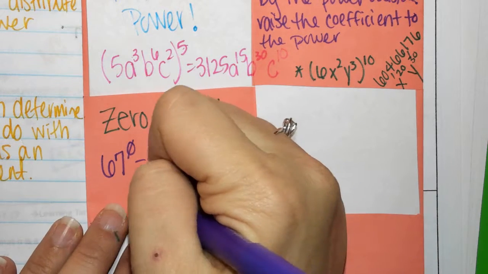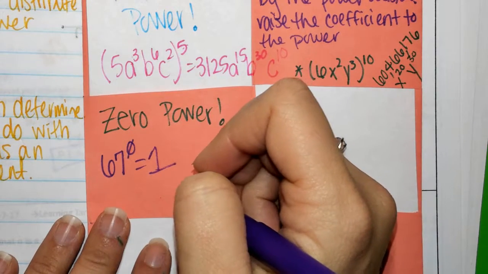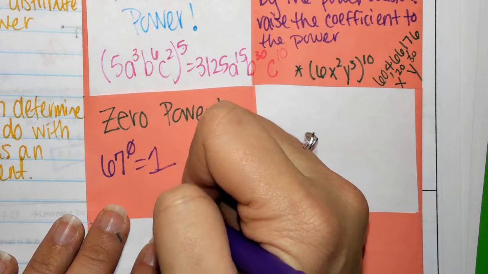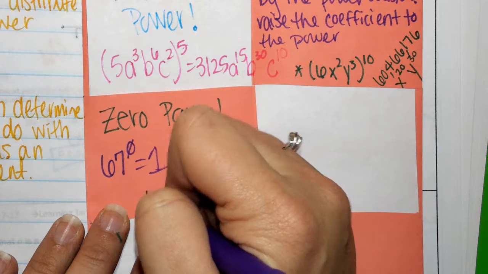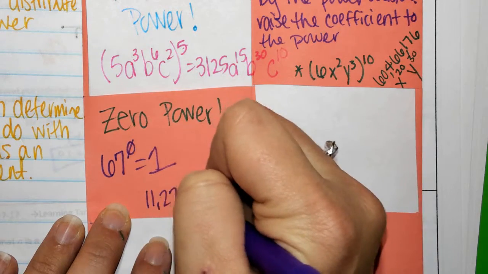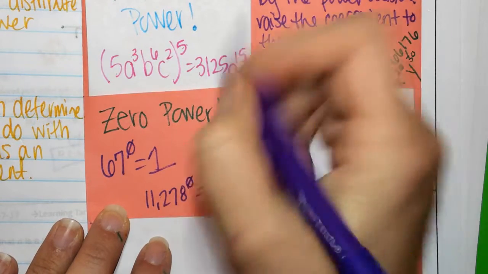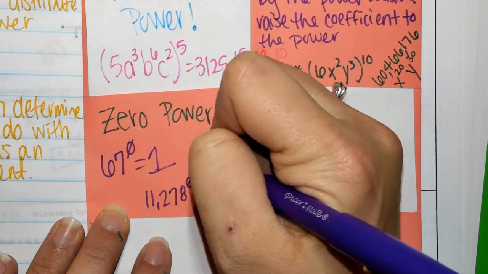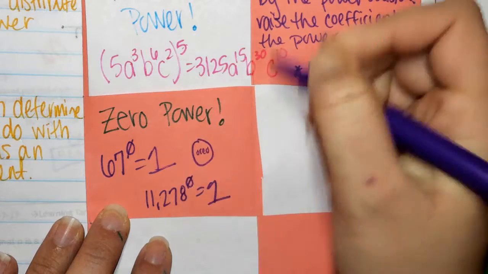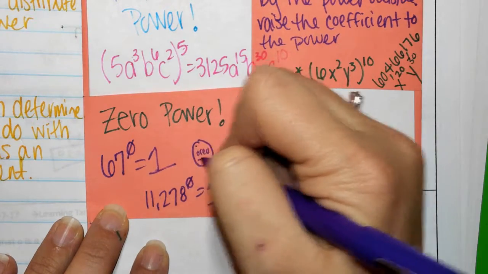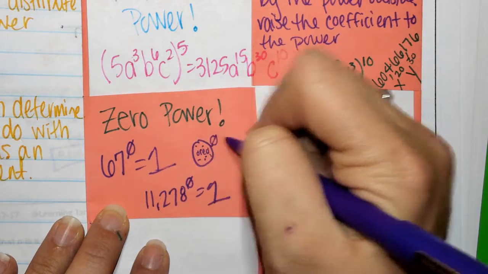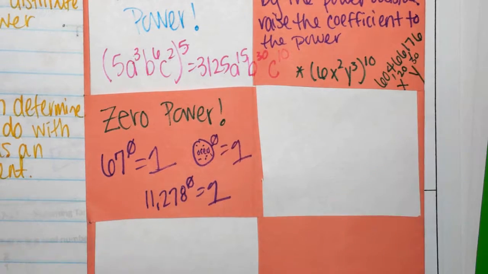If I wrote 11,278 to the 0 power, or an Oreo, it's the Halloween Oreo, that is 1. That's why it's called the 0 power. So anytime your exponent is 0, it's always 1.